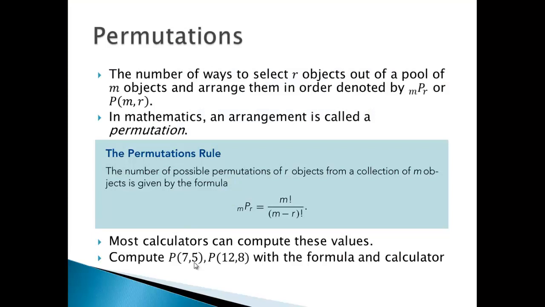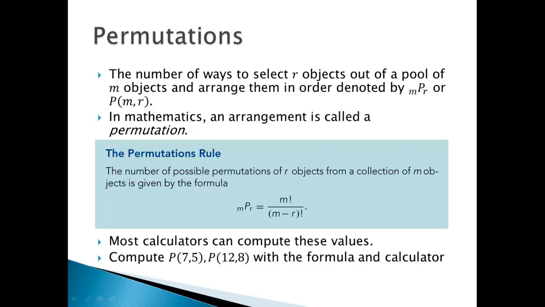The patterns that we've been seeing to solve some of these problems can be restated as what mathematicians call permutations. The number of ways to select R objects out of a pool of M objects and to arrange them in order is denoted by either PMR or MPR.